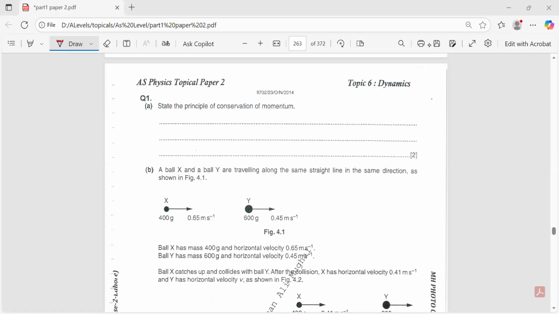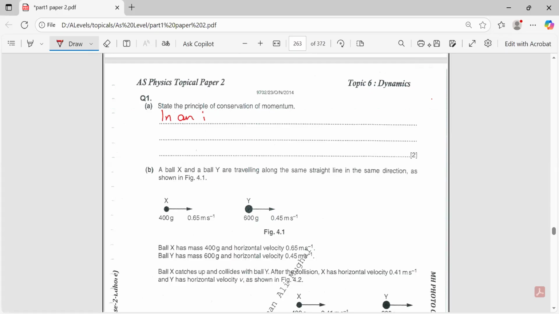All right, so question number one says the students state the principle of conservation of momentum. So how you can write it is that in an isolated system. So what is an isolated system? It is a system which is free of external forces, which is free of any unknown resultant force.